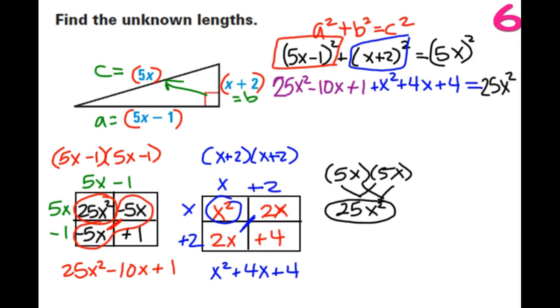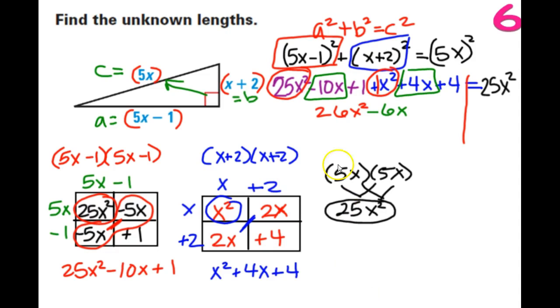So I'm going to combine our like terms. From this equation, on this side, we have a 1x squared and we have a 25x squared, so that will give us 26x squared. Then we have a negative 10x and a positive 4x. There's more negatives, so 10 minus 4 is negative 6x. And then here we have 1 plus 4 is 5, and equal to 25x squared.